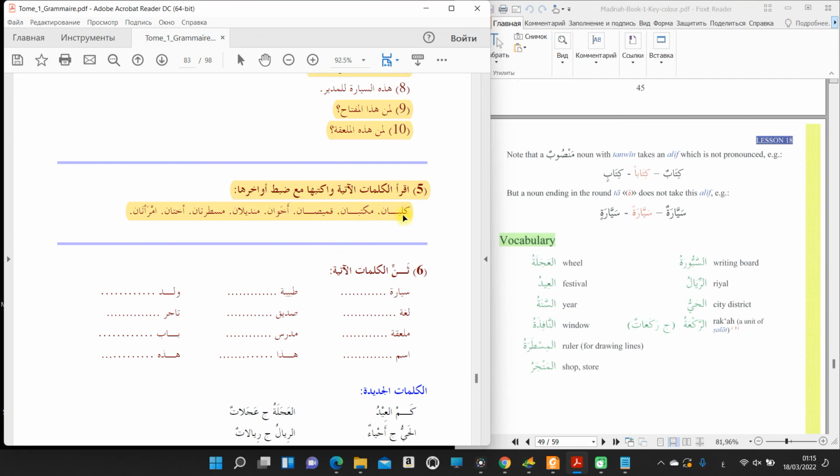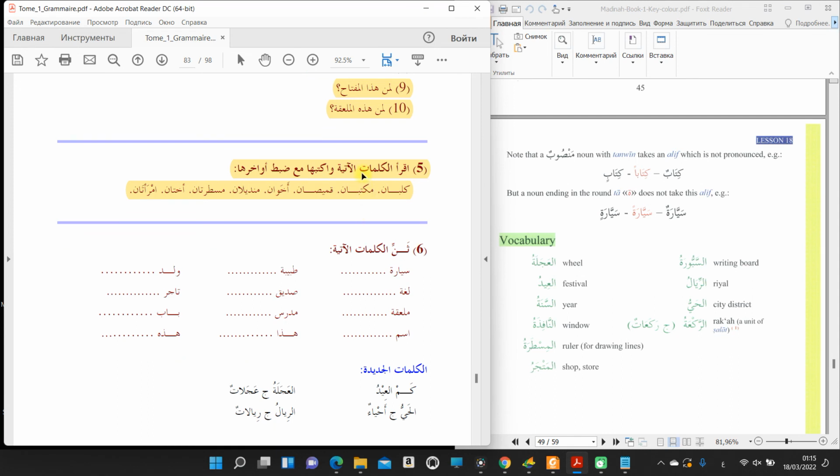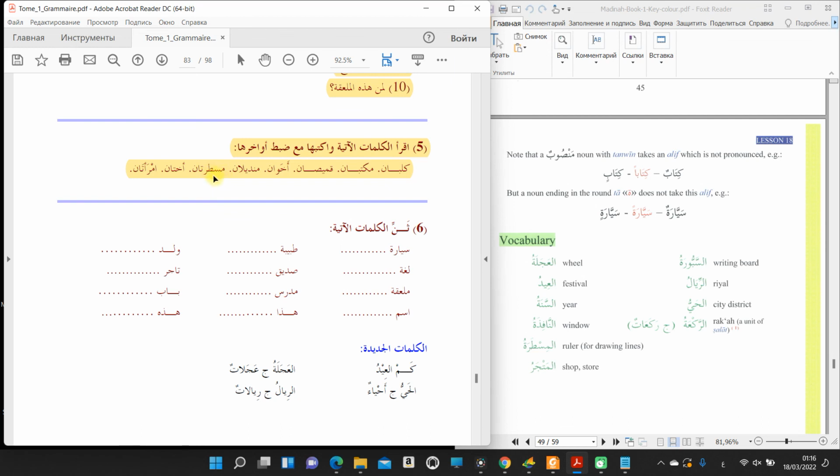Like كلبان, كلب, a dog. كلبان, two dogs. مكتبان, which means two desks. قميصان, two thawbs. أخوان, two brothers. منديلان, two napkins. مسطرتان, two rulers. أختان, two sisters. امرأتان, two women.